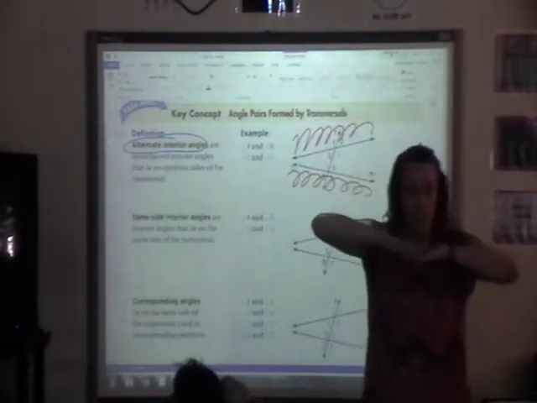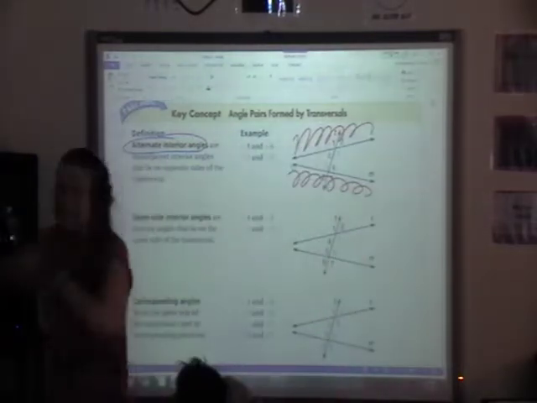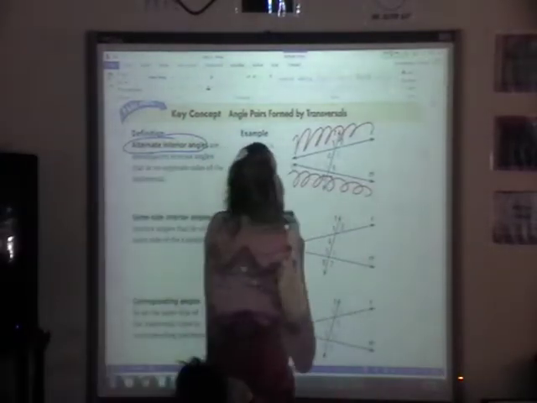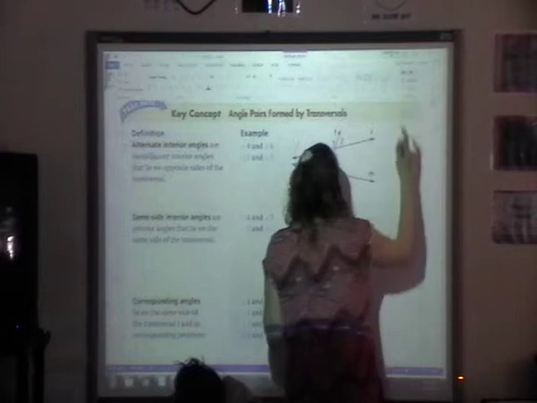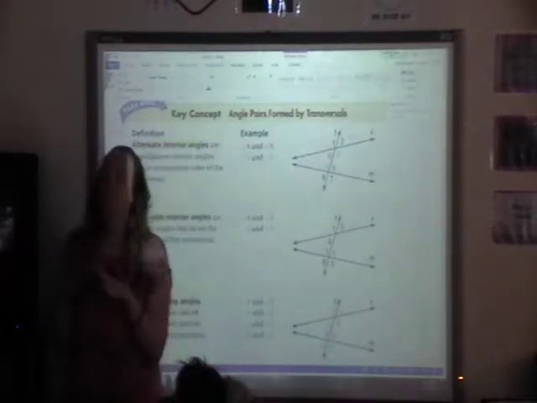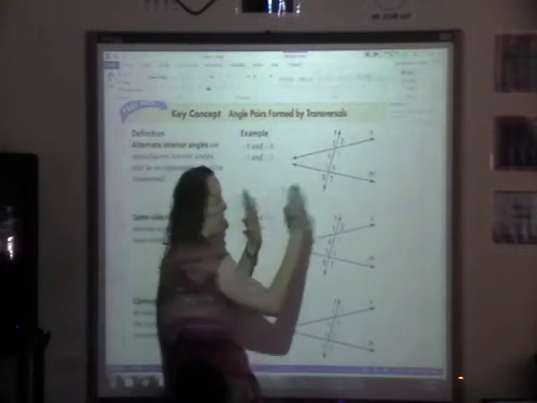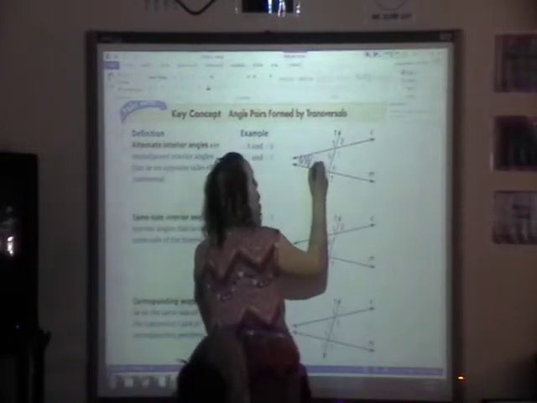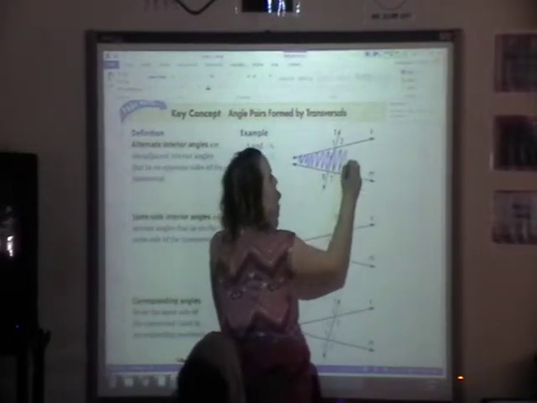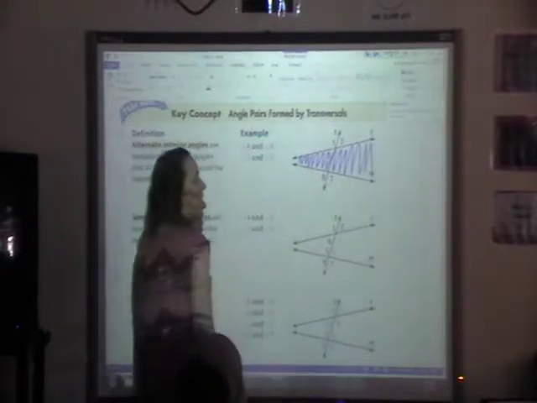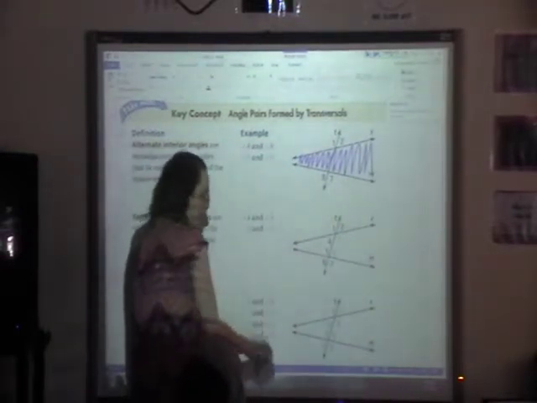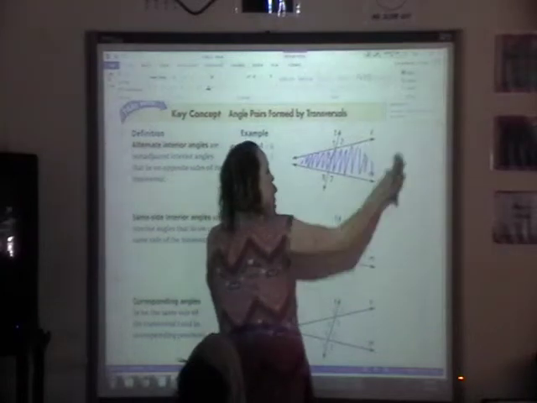That's my interior, and that's how they're going to relate. So alternate interior angles. Are we talking about the inside or outside? Inside. Here I am just going to draw it. I'm talking about what's in between my lines that are somewhat going the same direction. That's the inside. They create a little fortress.